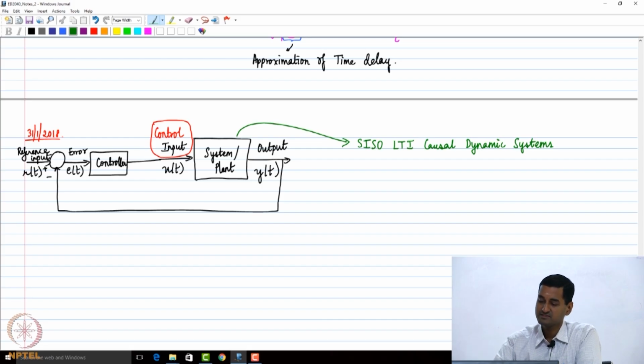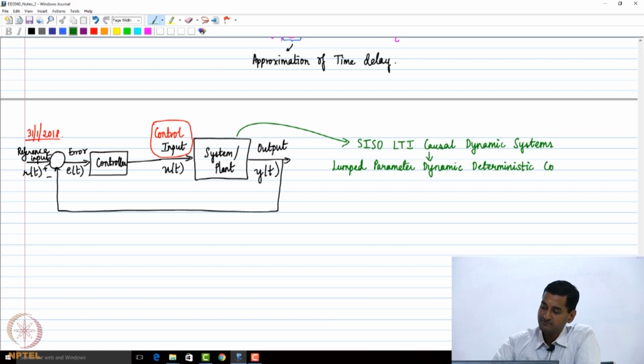That's the class of systems that we are going to look at, and we are going to study these systems by using a class of models that we call lumped parameter, dynamic, deterministic, at least in this course, continuous time models.